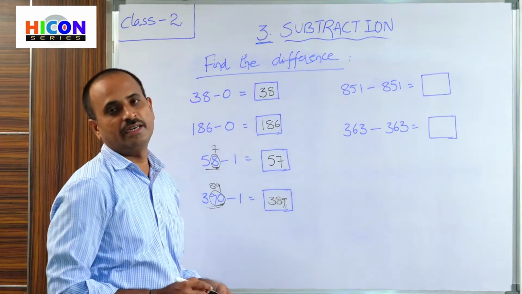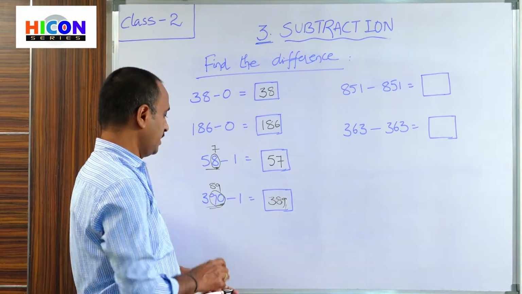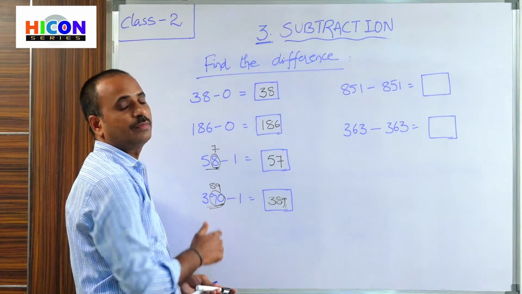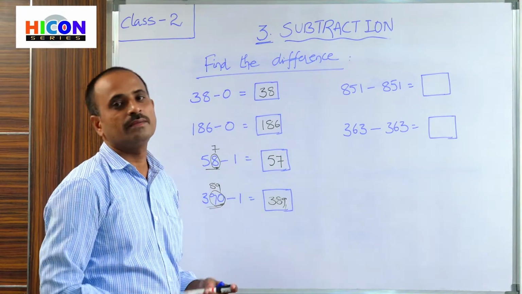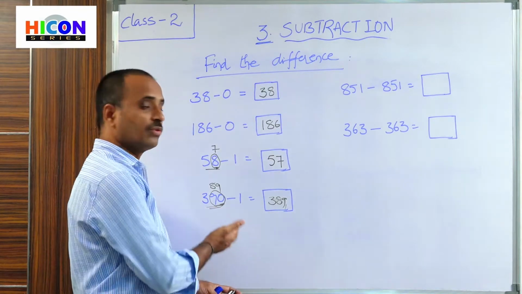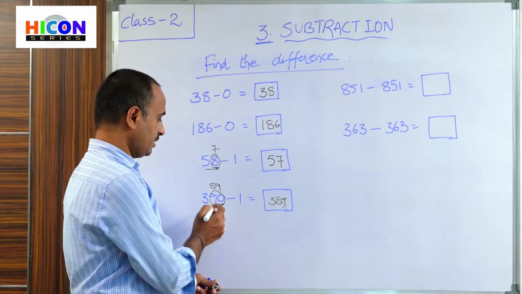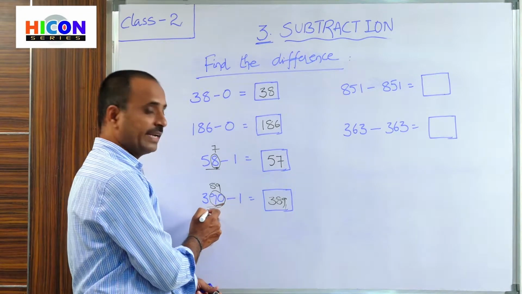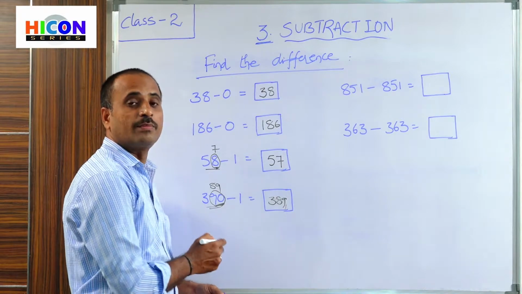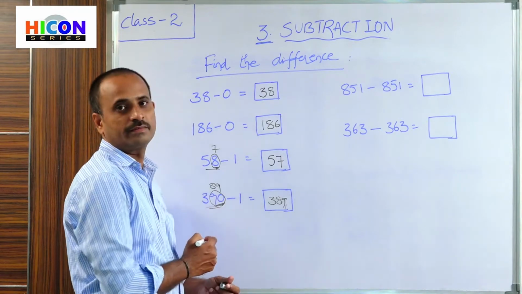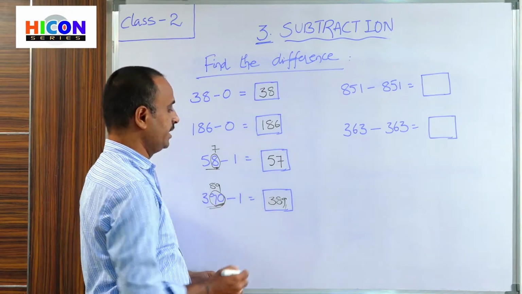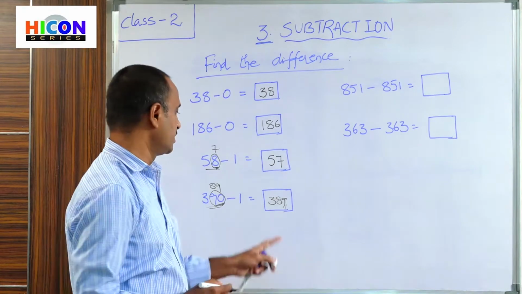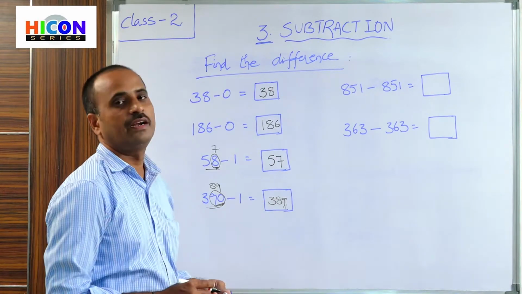Why? Because 0 is present in the ones place, which means there are no ones in the given number. So we go to the tens place, which is 9 tens, 90. The before number for 90 is 89. So the answer is 389. This is called the predecessor of 390.